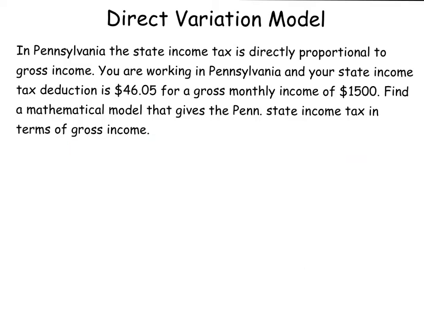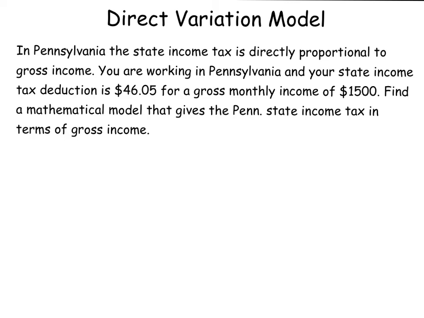All right, you're going to see references to two different types of models, direct and inverse. I'm going to work through a couple direct models to get going. Now, we've worked with models quite a bit in this unit, actually.